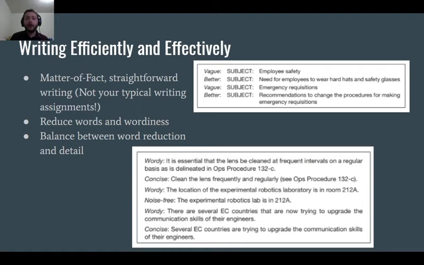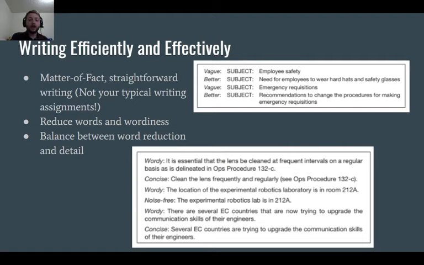We have some examples here of wordy statements and more concise statements. The first one: it is essential that the lens be cleaned at frequent intervals on a regular basis as is delineated in Ops Procedure 132C. Very wordy, right? There must be a way to reduce that without losing any detail. Concise version: clean the lens frequently and regularly.